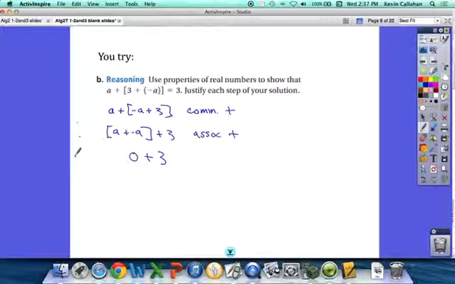Inverse, right? A plus negative A is 0. That's an inverse. But remember the identity, well, we'll get to the identity next. So that would be the inverse. Okay, now what property is it that tells us that 0 plus 3 equals 3? That's the identity.